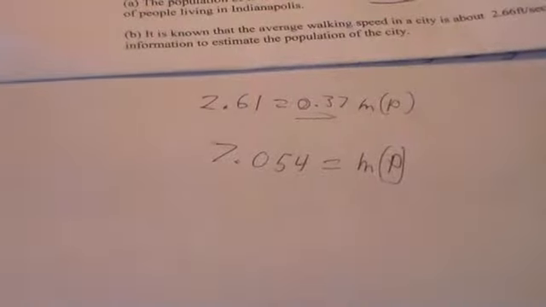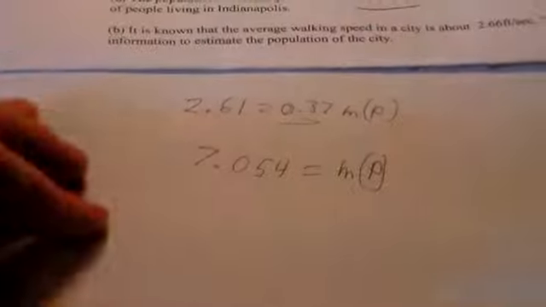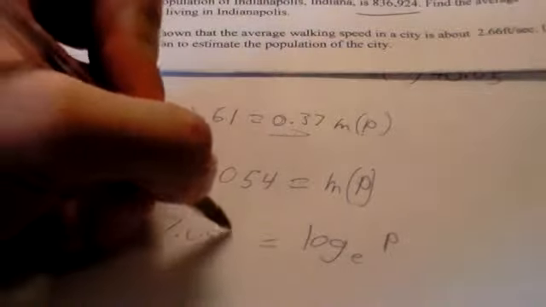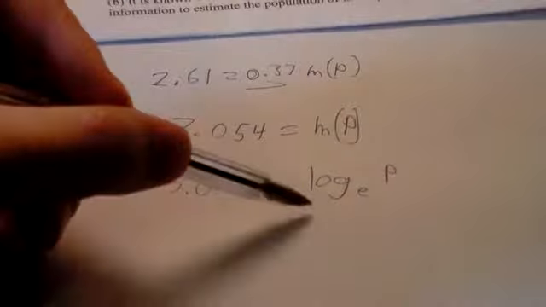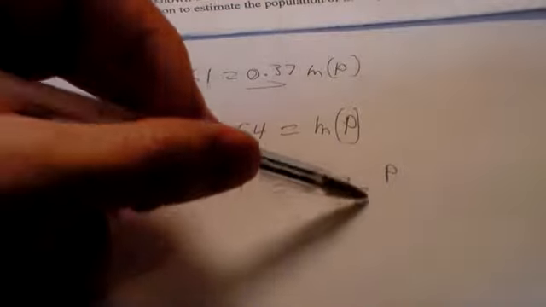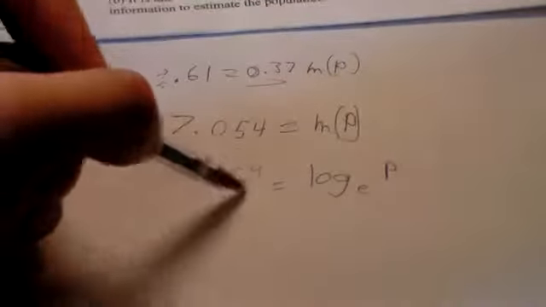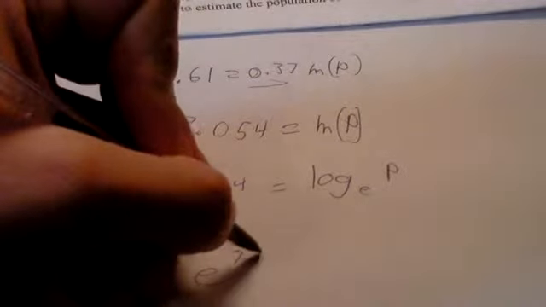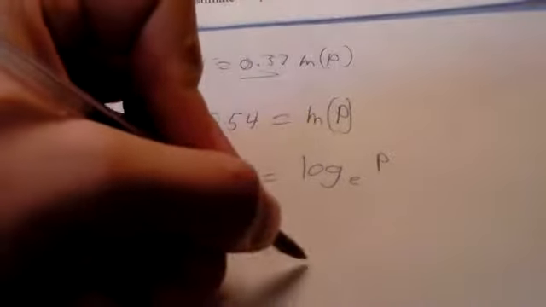Now let's remember what natural log actually means. Natural log means the log base e of p is 7.054. Remember, a logarithm is an exponent, so the exponent to which we can raise e and get a result of p is 7.054. So e to the 7.054 power is p.